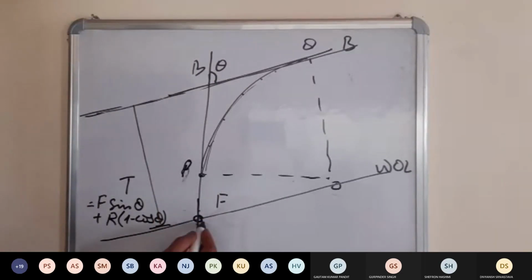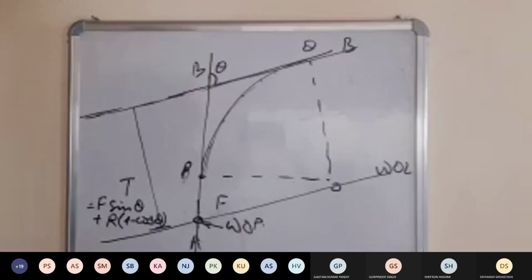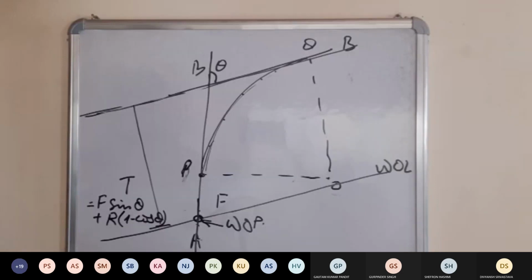This is the wheel over point. This is where we have to apply the helm. Of course, this distance is f.